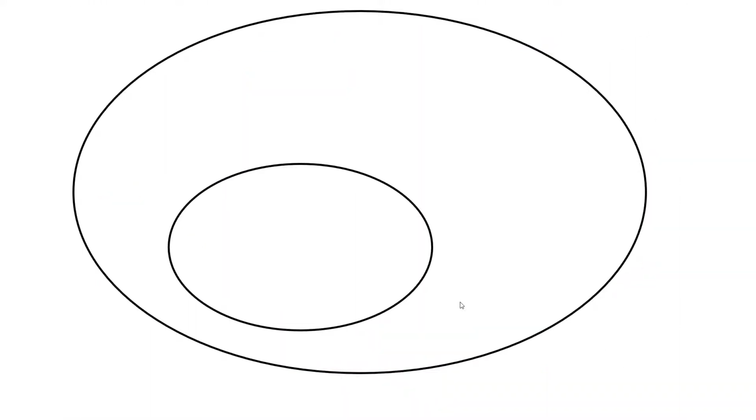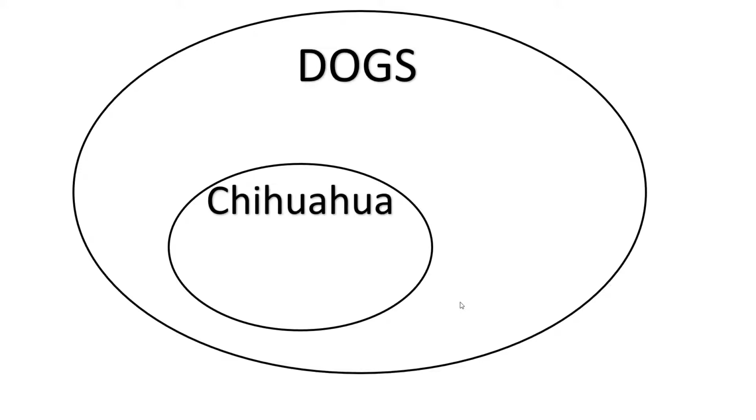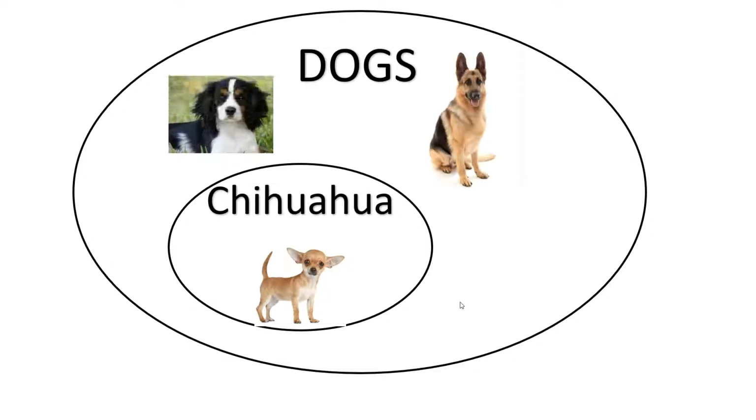Then this Venn diagram here is not a math Venn diagram, but it's to help you understand the next slide. For example, if the whole category is dogs, inside of that category could be a Chihuahua. A Chihuahua is a type of dog, but not all dogs are Chihuahuas. So once again, this is the large category, and a Chihuahua is a subset or a part of that category.